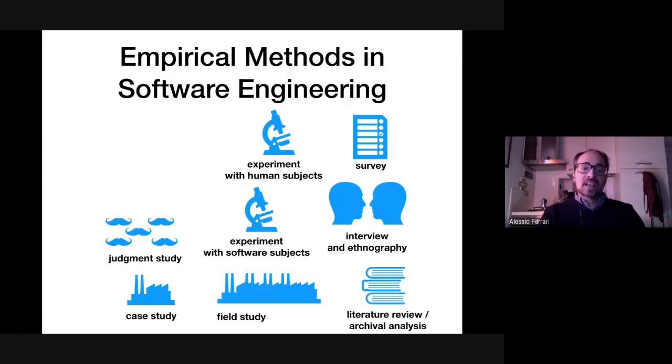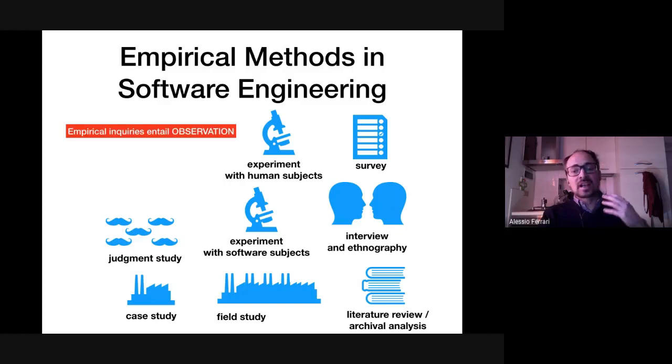Last time we gave an overview of the different empirical methods that are commonly used in software engineering. We mentioned, not in detail, surveys, interviews, experiments, case studies, literature reviews, and judgment studies. The common thing between all these empirical studies is that they all entail some observation.